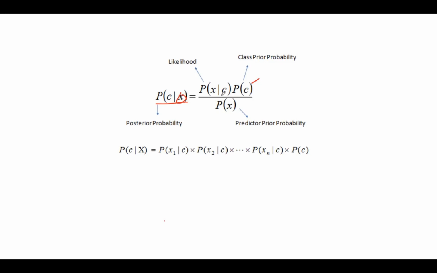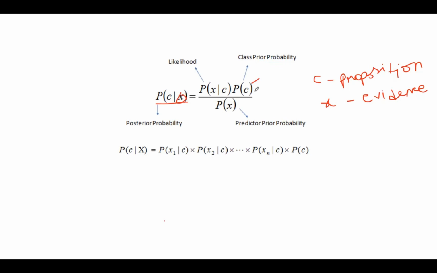Here C is known as the proposition, whereas X is known as the evidence.